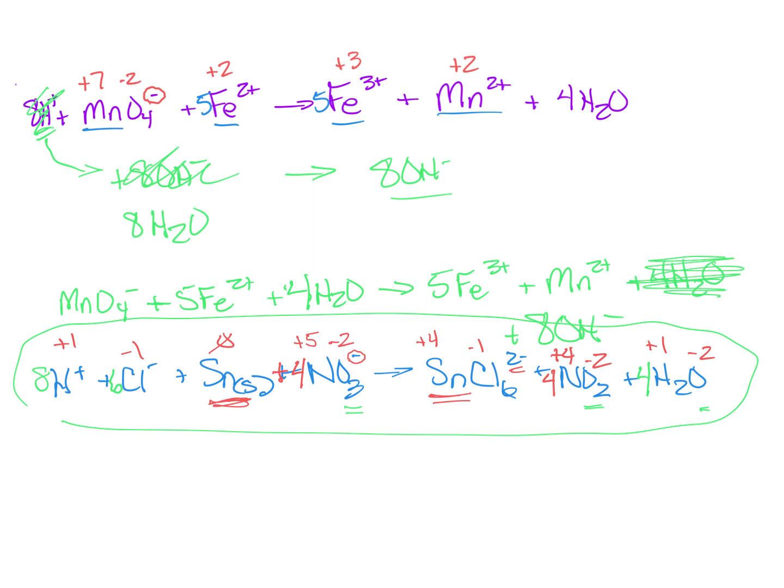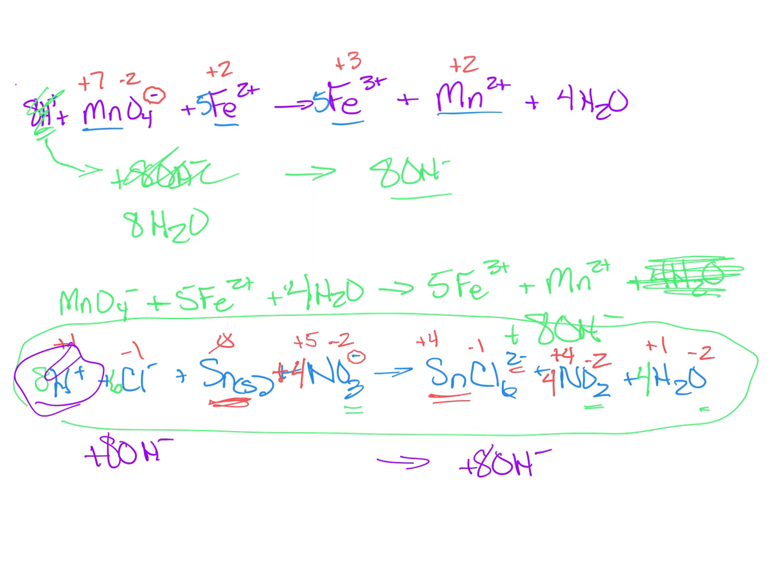One last thing we would do, and only if they say it's basic, I would then go back and add. Do you remember what we're going to add? We are going to add the same number of hydroxides to both sides that are actually mirrored in the H+. So if I have 8 H+ on the left, I need to add 8 hydroxides to both sides.